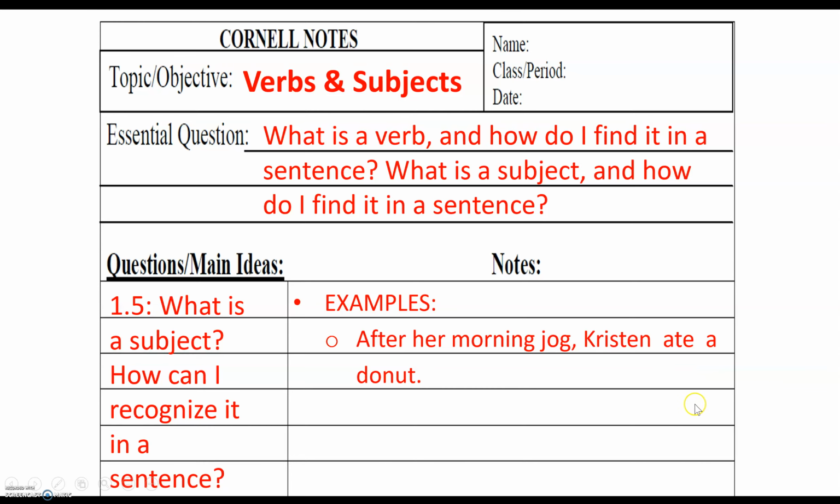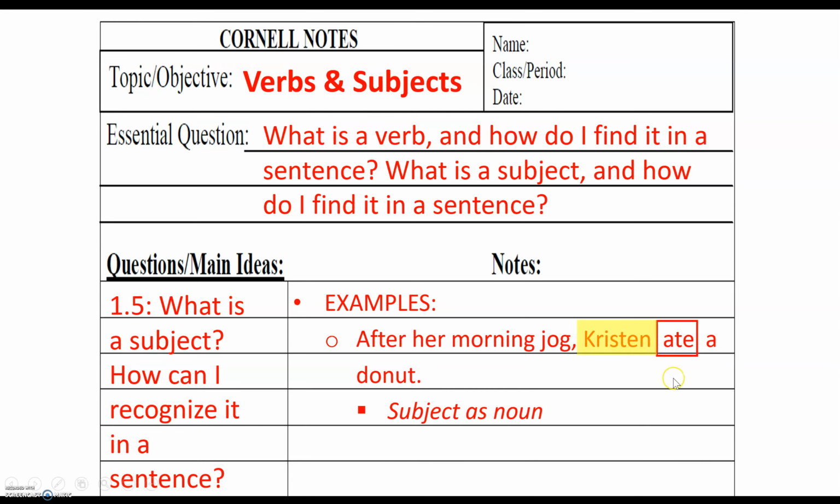So instead, I'm going to find the verb first. The verb in this sentence is ate. So I'm going to ask myself, who ate a donut? The answer is Kristen, and you'll notice a lot of times we box verbs and we're going to highlight subjects, okay?